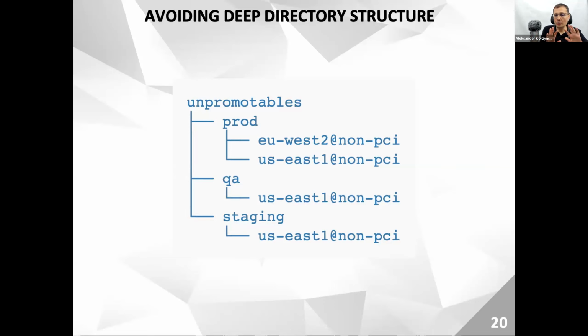So you may have essentially a separate cluster called EUS2 non-PCI. So I would suggest you don't create too many levels. You just add the @ character, but in a sense, you can if you want to have multiple levels.